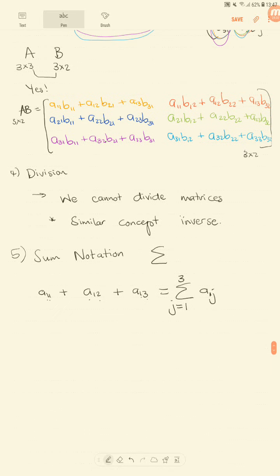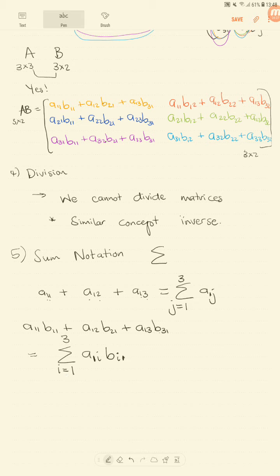If we take A11 B11 plus A12 B21 plus A13 B31, which is our first entry in AB, we can write this as the sum, i equal to 1 up to 3, of A1i, B is our second element, i and then 1.